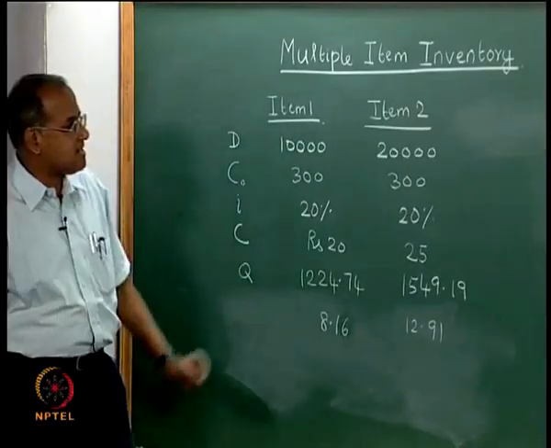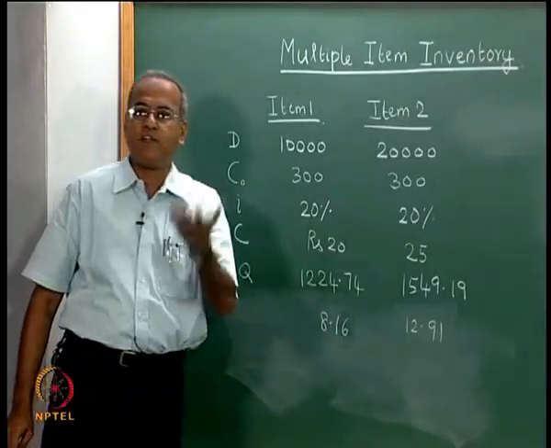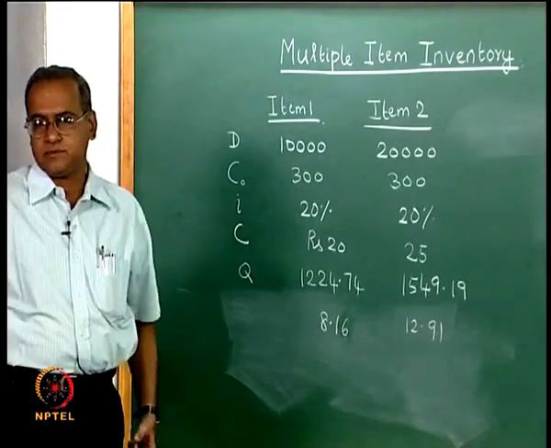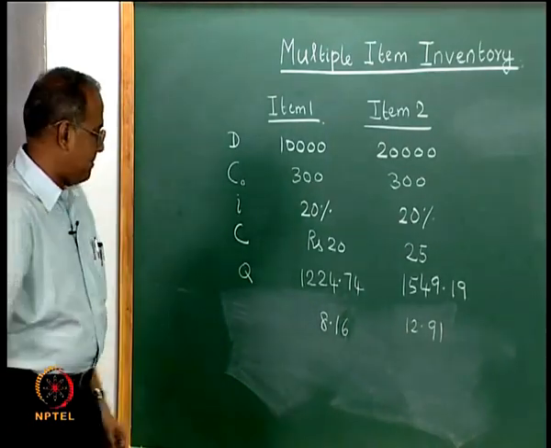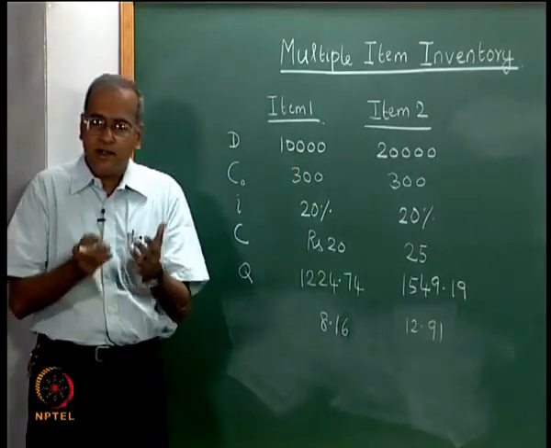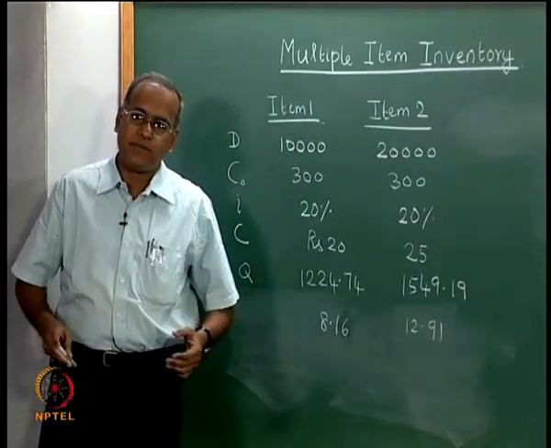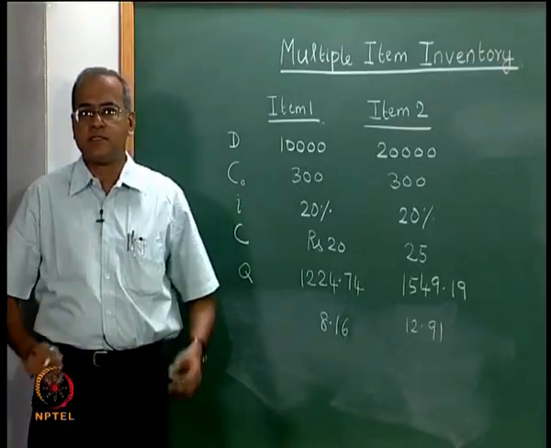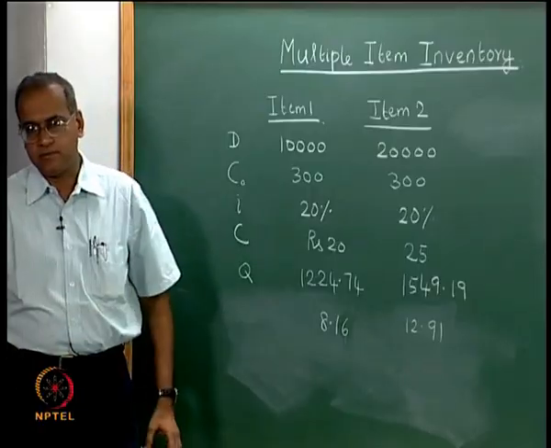Since both these are coming from the same vendor, if we are able to order them together and make the number of orders equal, so that the ordering frequencies are the same, then both can come in the same truck from the supplier to the factory.